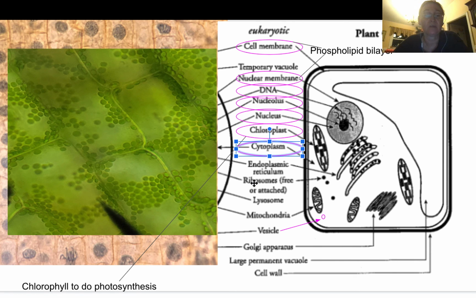Ditto with ribosomes. Lysosome is in animals, not plants. Mitochondria, plants have them. We can't see them, leaving it alone. Vesicle. Go ahead and add a little circle structure and a line to vesicle, because plants actually do use vesicles.